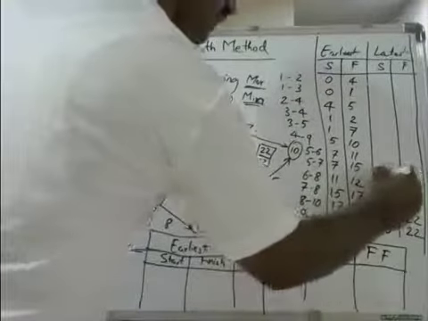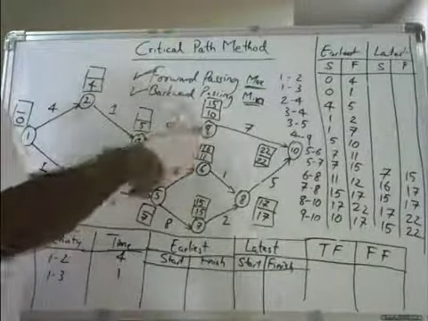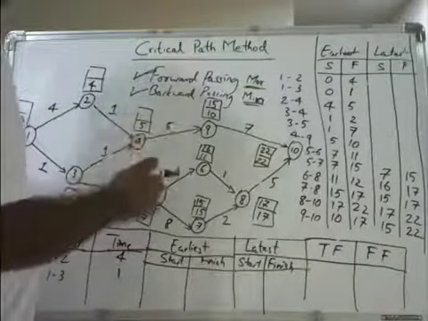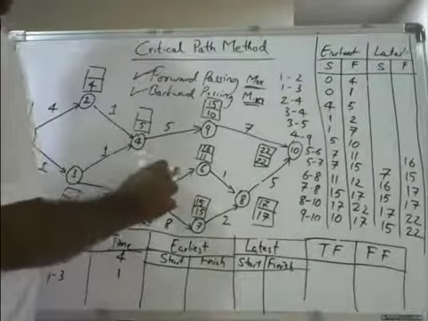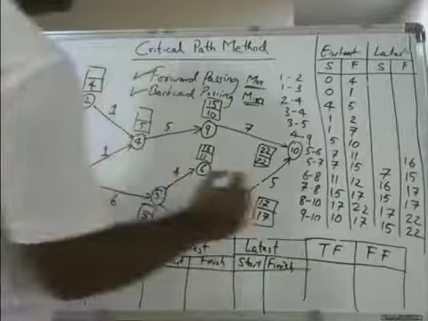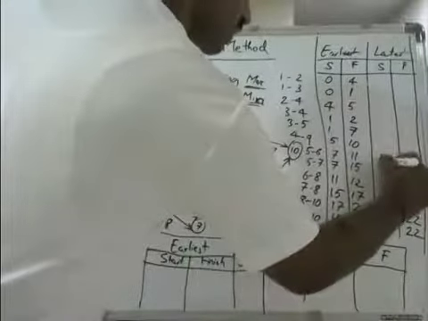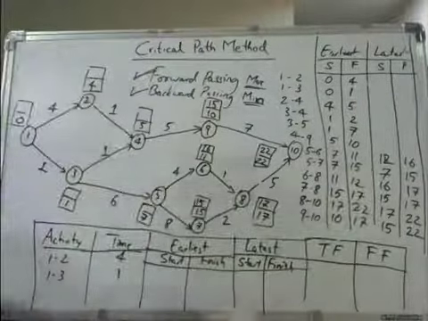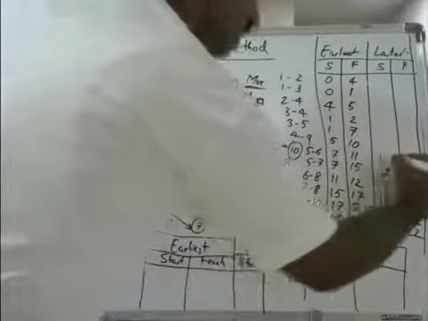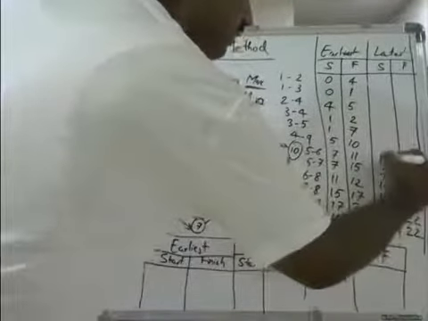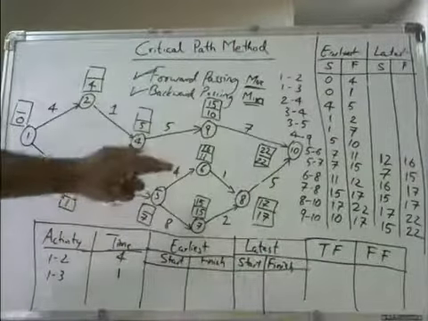Now 5 to 6 starts with 16. 16 minus 4 is 12.